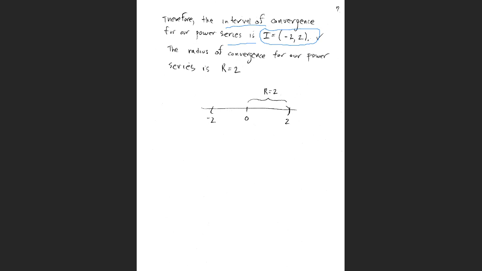So our interval of convergence is the open interval from -2 to 2. And then the radius of convergence is r equals 2. So what I did was I took my interval from -2 to 2 and cut it in half. The interval is centered at 0, so half of the length of 4 is 2. The radius is 2.